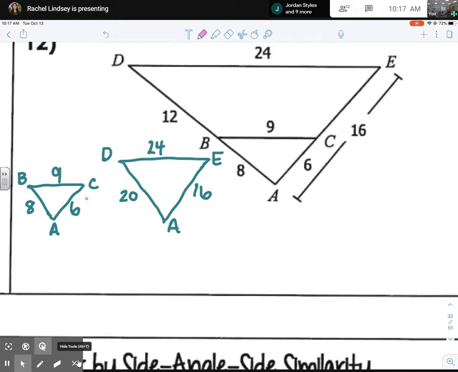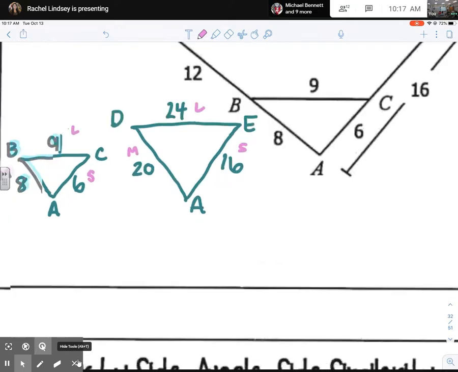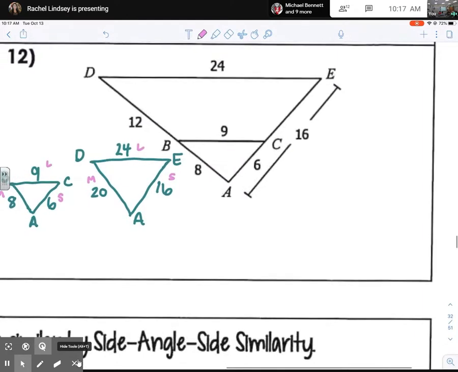Okay, so I'll set up small, medium, large, small, medium, large. Okay.